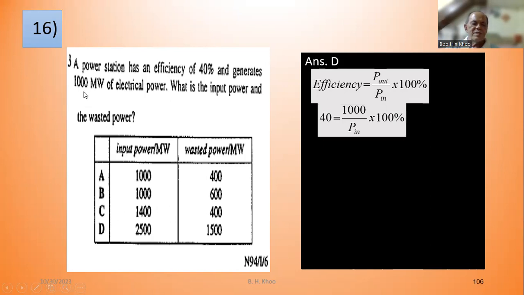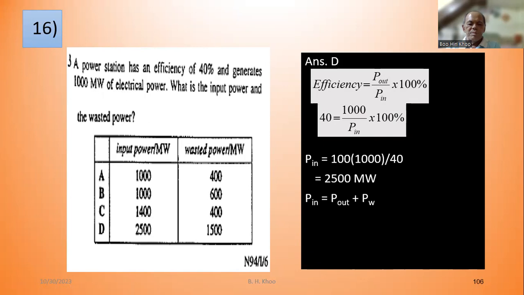So efficiency we are told is 40%. The output generated is 1000. Then we can calculate our P in by cross multiplying, that's all.